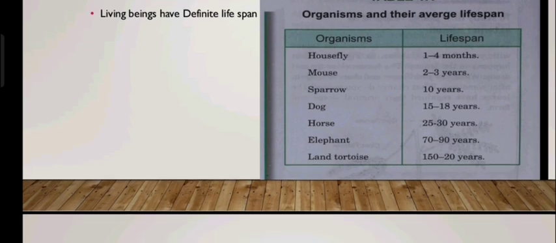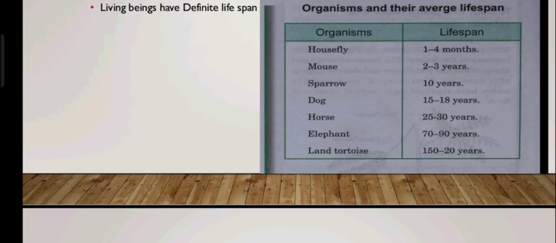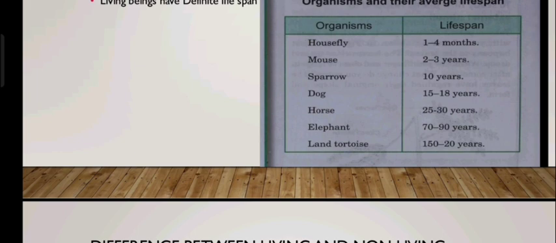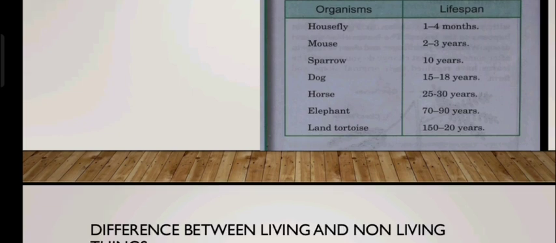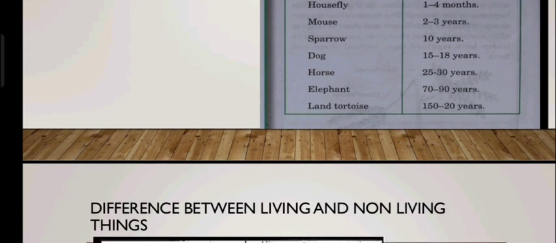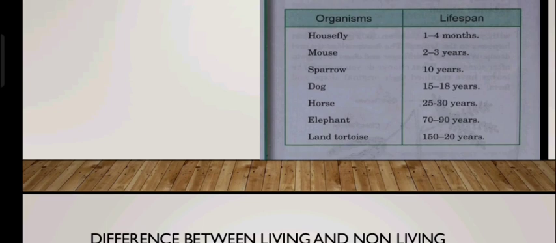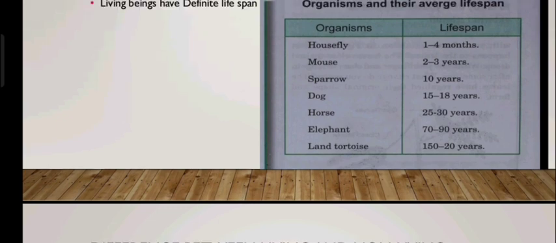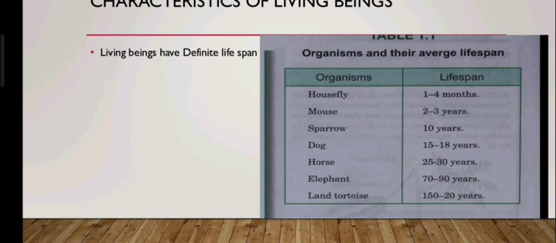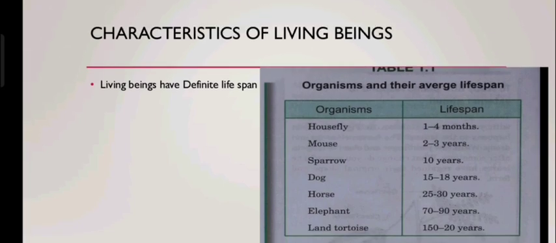The lifespan of a housefly is 1 to 4 months, a mouse lives up to 2 to 3 years, a sparrow 10 years, dog 15 to 18 years, horse 25 to 30 years, elephant 70 to 90 years, and tortoise 150 to 200 years. There is a printing mistake, sorry. Understand? This is all about the lifespan of living organisms.